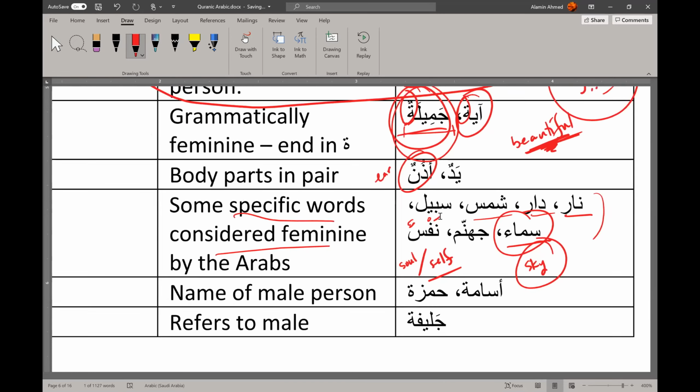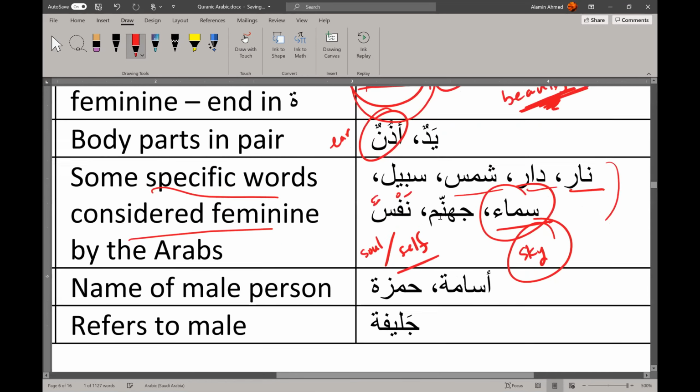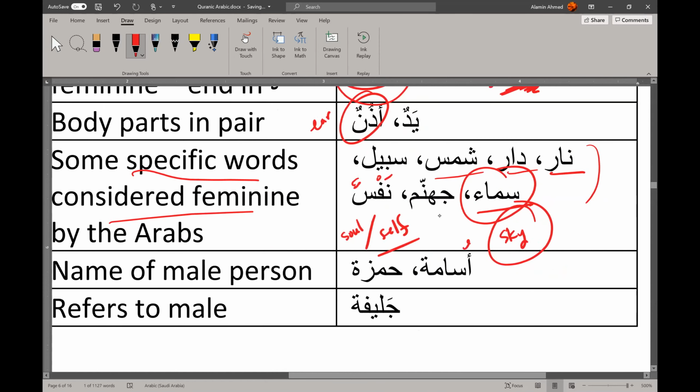Now, here come some interesting things. You have Osama. What are you going to do with Osama? Is the name Osama given to a masculine person or a feminine person? What do you think? Osama we give to a male child, right? What about Hamza?